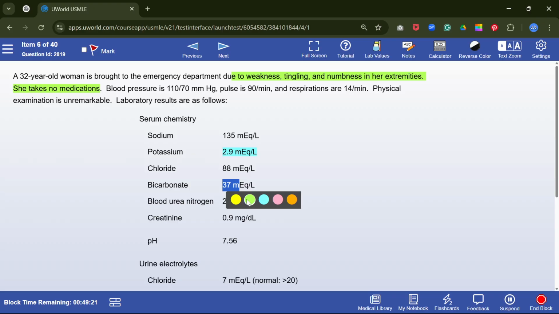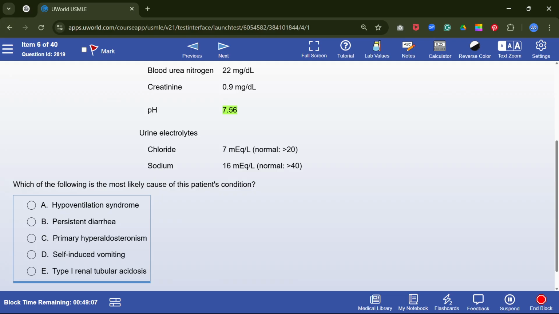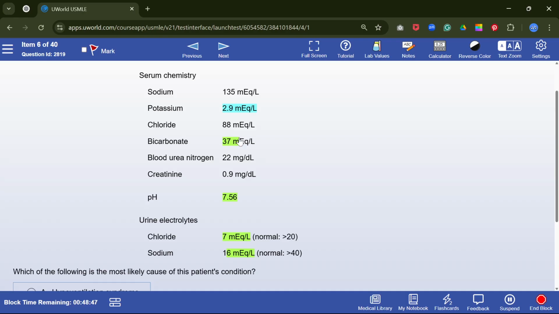So it is metabolic alkalosis, like pH is high and bicarb is high.